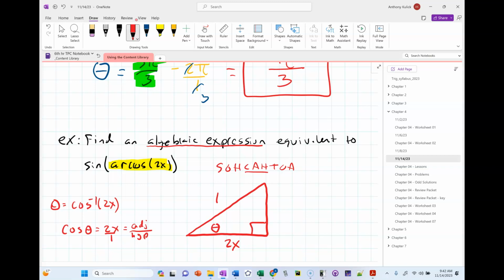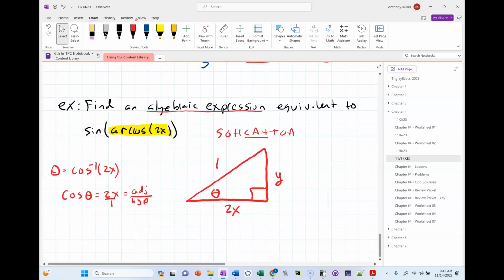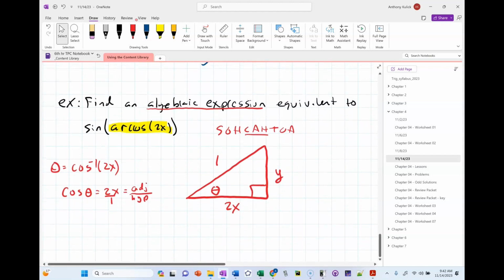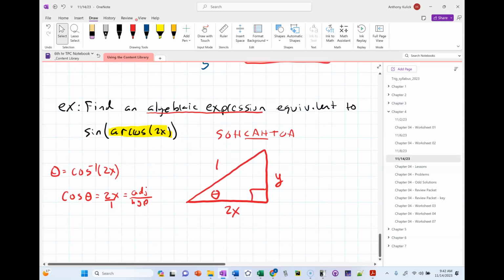Now what I'm going to do is find the third side of this triangle. I'm going to refer to this as y. I want that third side of my right triangle in terms of x. What equation can I use that relates the sides 2x, y, and 1 together? The Pythagorean theorem. When I write the Pythagorean theorem, which is the one side I have to be careful about what it is? The hypotenuse. The hypotenuse always has to be c, what it's equal to, right?